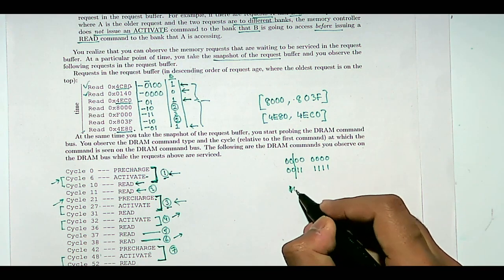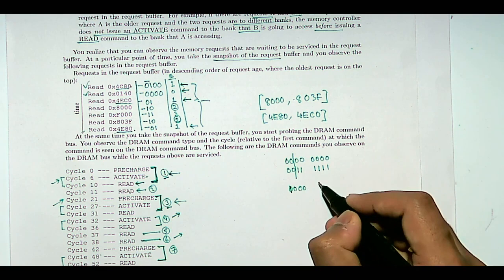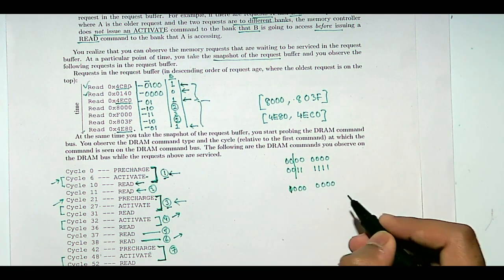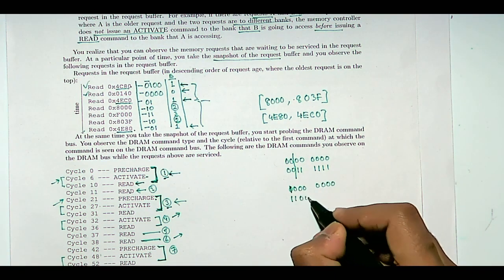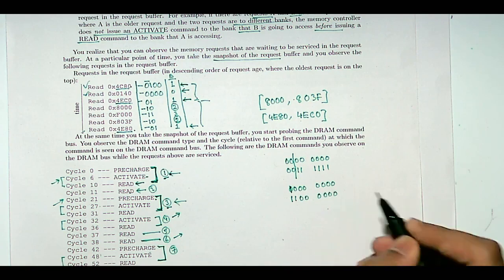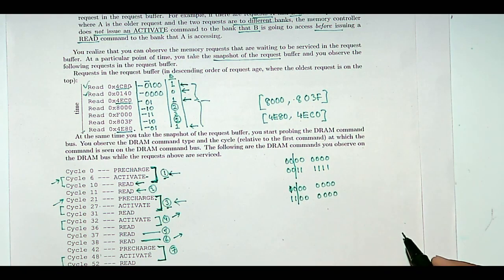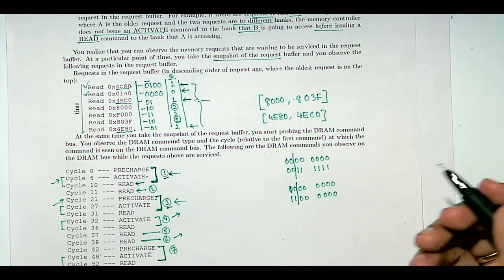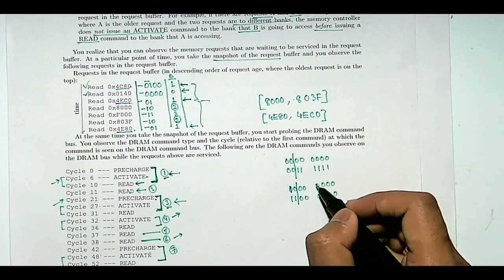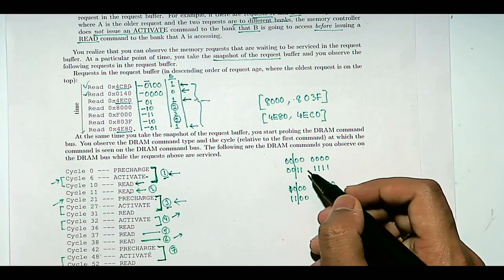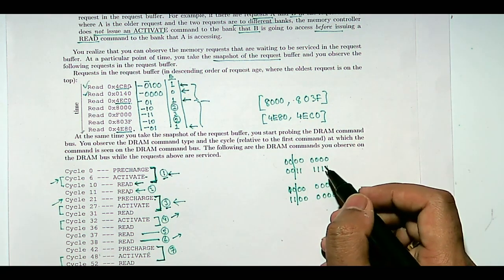Okay, so 1000, 0000, and C is this. Can you identify the boundary of the row buffer?